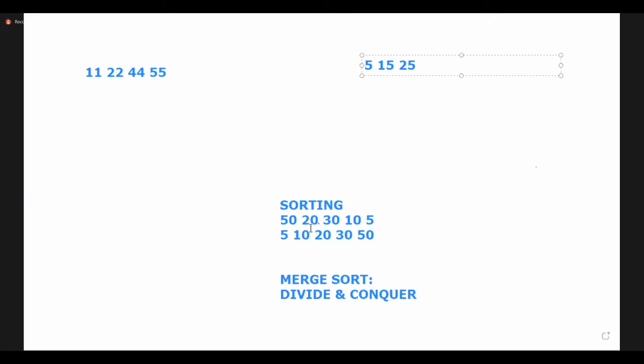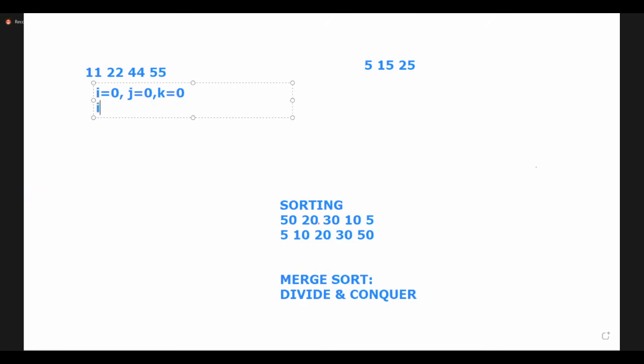See here, this list has two parts: 11, 22, 44, 55 is the left side part, and the right side array is 5, 15 and 25. So first, I is equal to 0 initially, J is equal to 0, and K is equal to 0. This is the left side array.